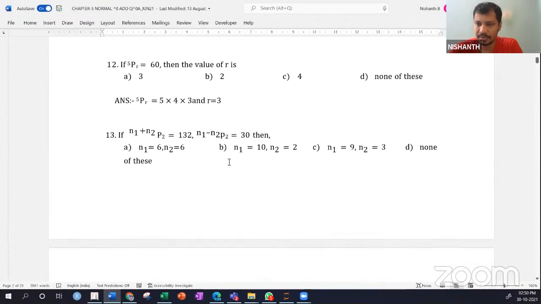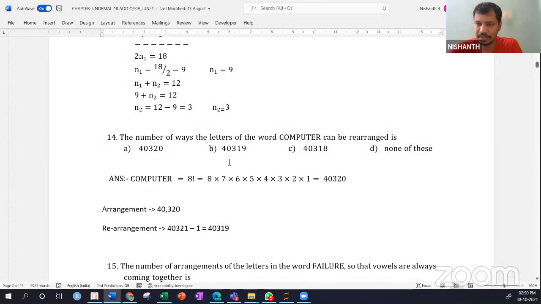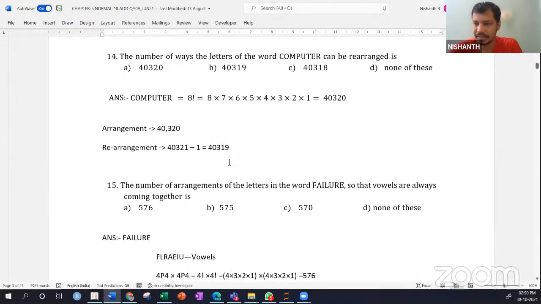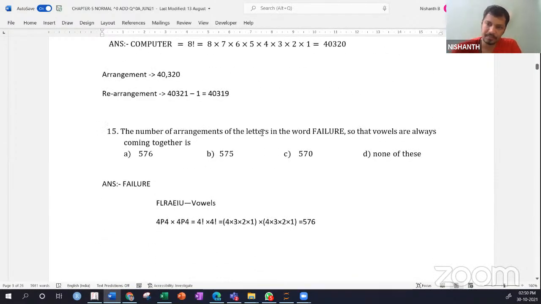The problems which get complicated are problems like this: the number of arrangements of the letters in the word FAILURE, so that the vowels are always coming together. In this kind of problem, you have to understand that there is a particular group.